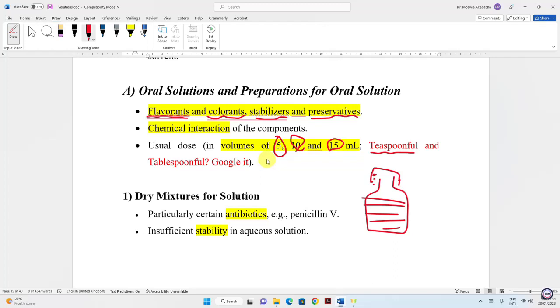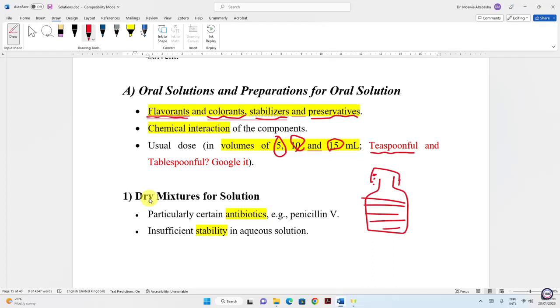The first thing we will talk about is dry mixtures for solution. The product will be a dry powder or a dry mixture. It's solid. This is the product. But when you are going to use this dry mixture, you have to, between brackets, reconstitute this powder.